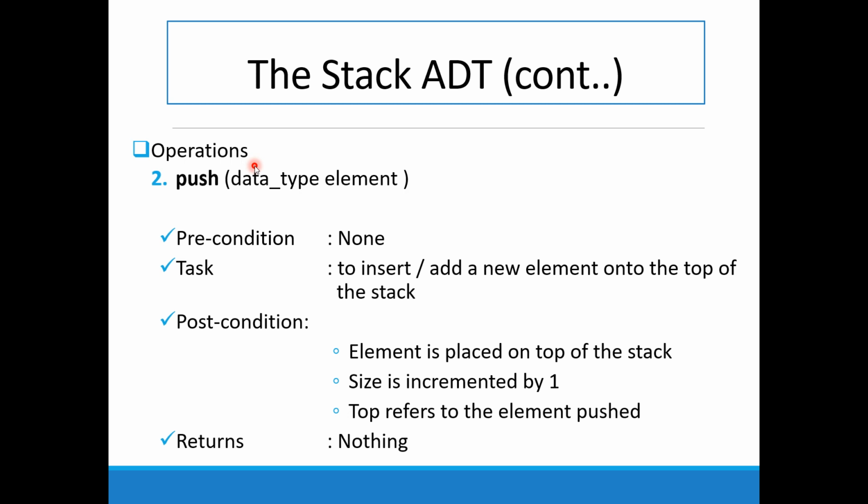Kalau kita nak masuk person, data type ni akan jadi person P1, for example, Animal A1. Kalau nak masukkan sebagai attribute, integer number, for example, ataupun string name and so on. Precondition untuk push none, tak ada syarat-syarat sebelumnya.